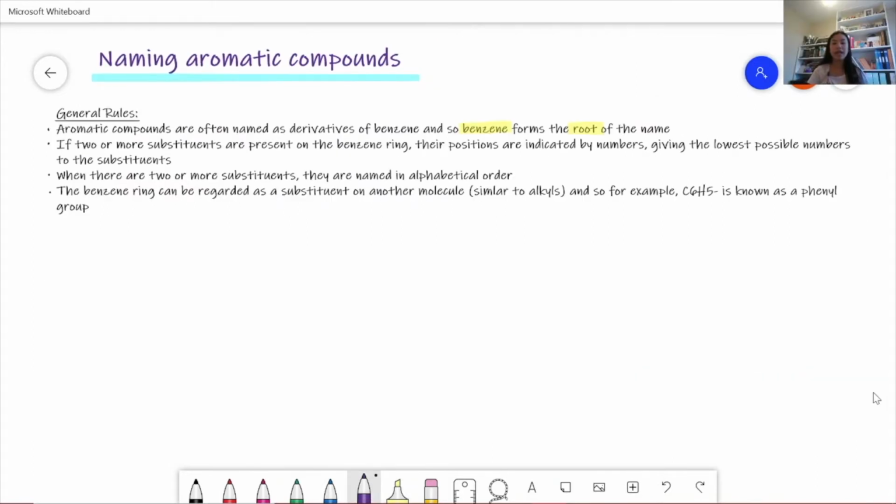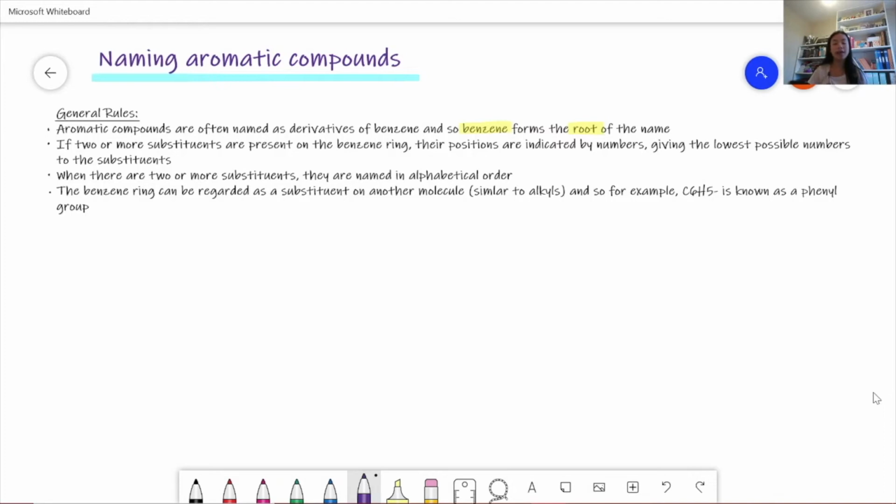Now we're going to talk about naming aromatic compounds. It's a bit more complicated compared to naming alkanes or alkenes or anything that we've seen before, because sometimes it can vary. But for some general rules, the first is that aromatic compounds are often named as derivatives of benzene, and so benzene forms the root of the name. What we mean by this is that some of these aromatic compounds we get from benzene.